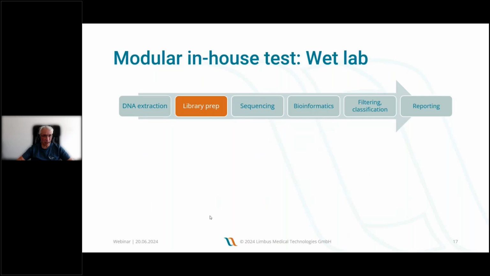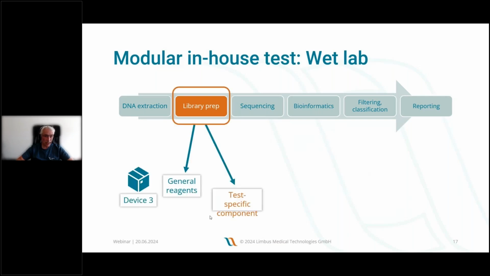Now let's take a look at another process step or a sequence of steps, library preparation. I just summarize it here as one rectangle, but it may comprise, of course, many different components and steps to be performed. And when you look at this in more detail, you may find that one part of it is rather general reagents that would fall, for example, under Rule 5.